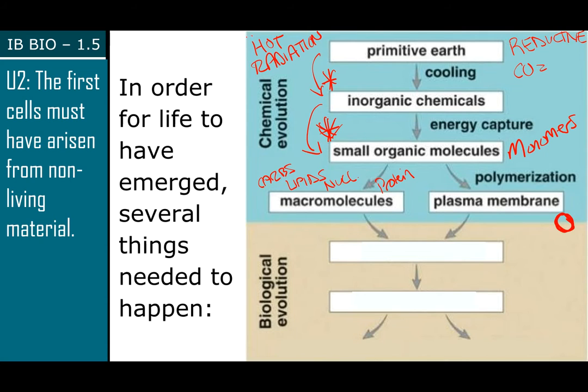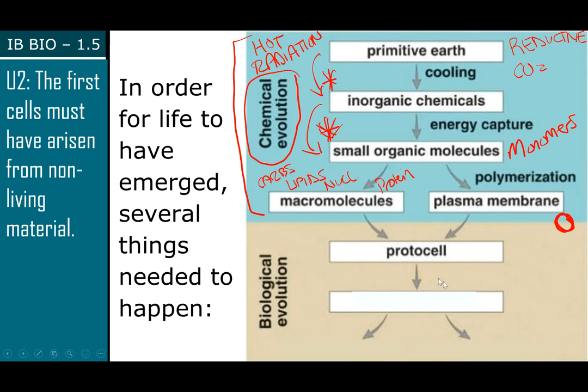So everything up until this point, these are all chemical processes. You'll see chemical evolution. No life required. We know that these things can happen on their own given the correct conditions. And then from this point, now we start to talk about biological evolution, right?